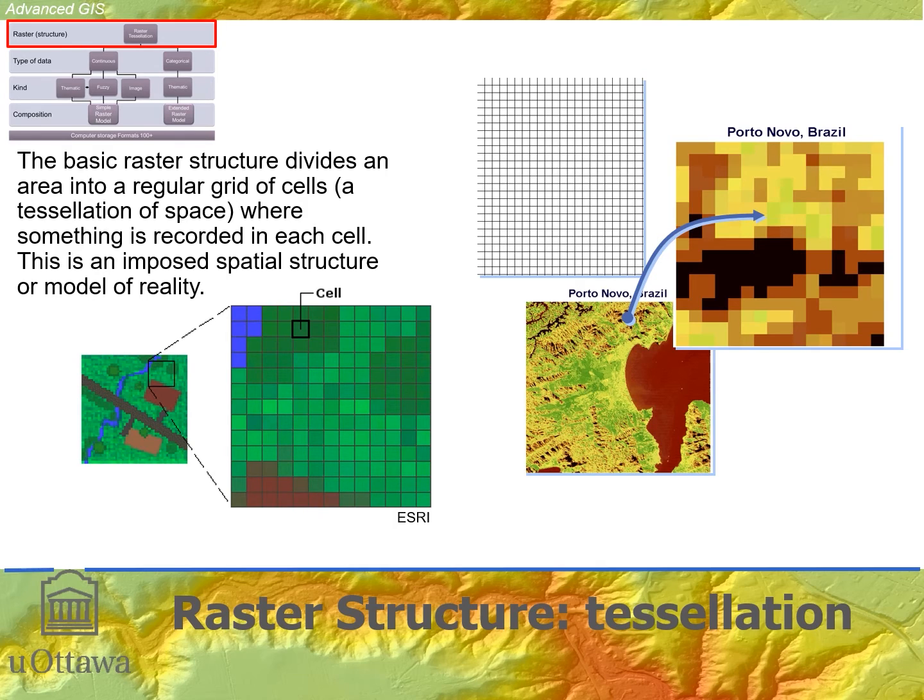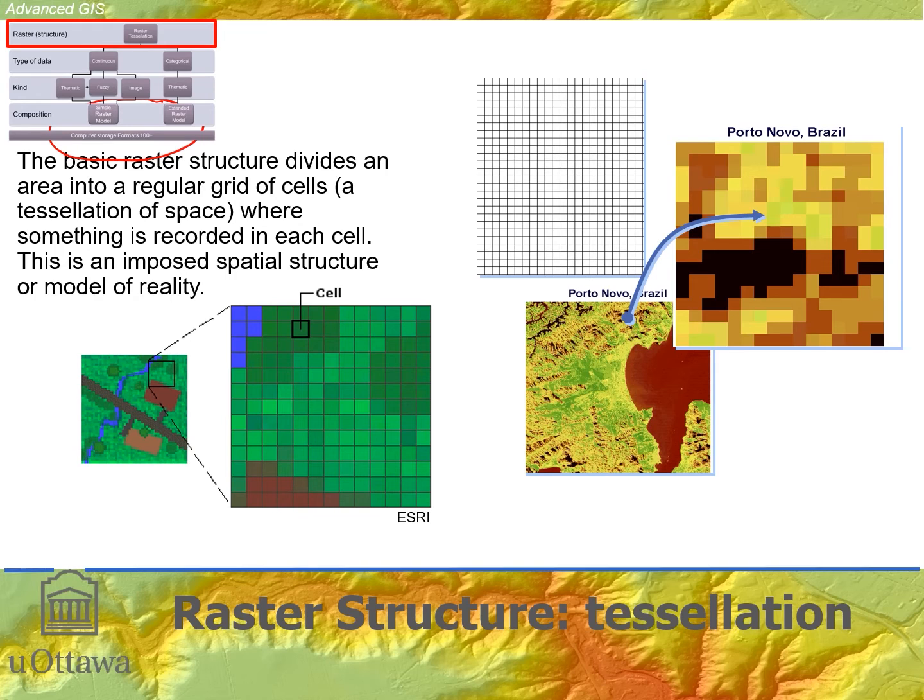One other thing about the previous set of slides is that all of those were also tessellations of space. A tessellation is when we simply divide up space into a set of polygons, which are non-overlapping and adjacent to each other such that there are no holes or gaps within the space that we divide up.